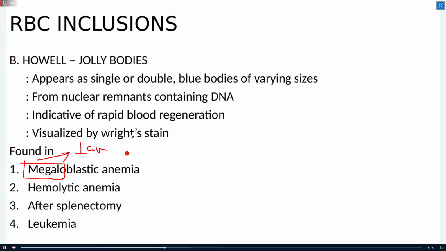Blastic meaning young cells. And then large young cells are called what?